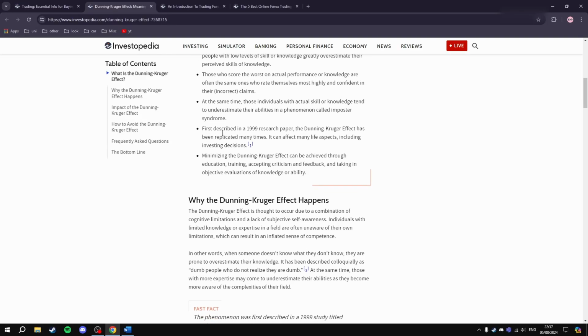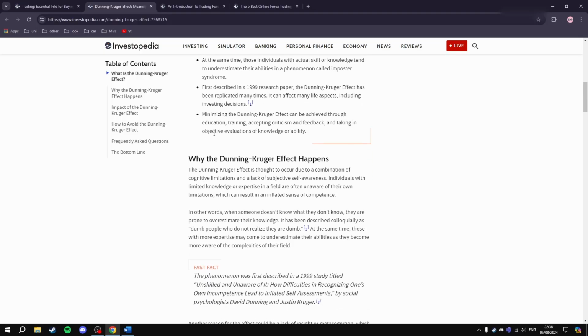First described in a 1999 research paper, the Dunning-Kruger effect has been replicated many times. It can affect many life aspects, including investing decisions. Minimizing the Dunning-Kruger effect can be achieved through education, training, accepting criticism and feedback, and taking an objective evaluation of knowledge or ability.